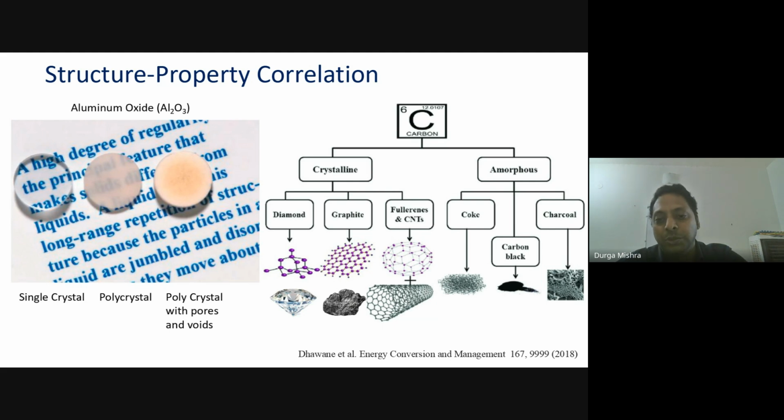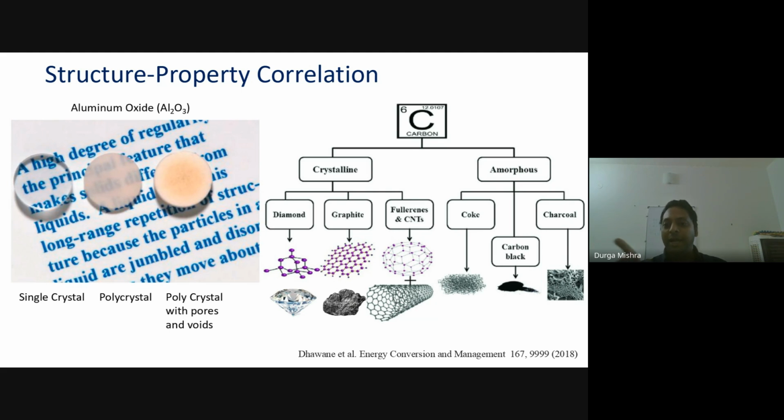That is where the processing comes into the picture. How you want to process will be different. Diamond will be processed in a different way. You can also produce diamond and graphite in a lab as well as in nature. But fullerene, carbon nanotube, graphene, the other materials you need to grow in a lab.